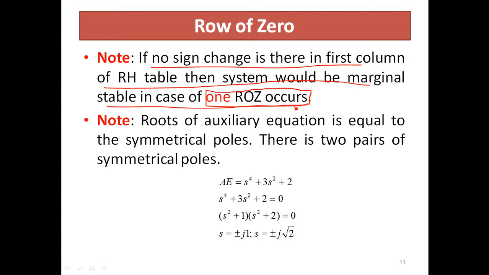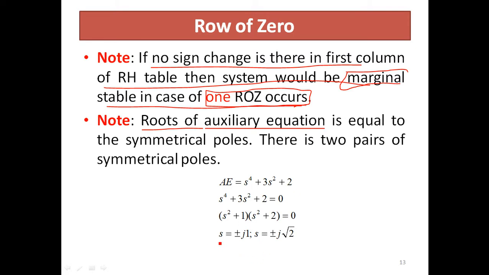But if one row is appearing as ROZ, then the system is said to be marginally stable. How? If you are interested to prove why it would be marginally stable, then determine the roots of the auxiliary equation.